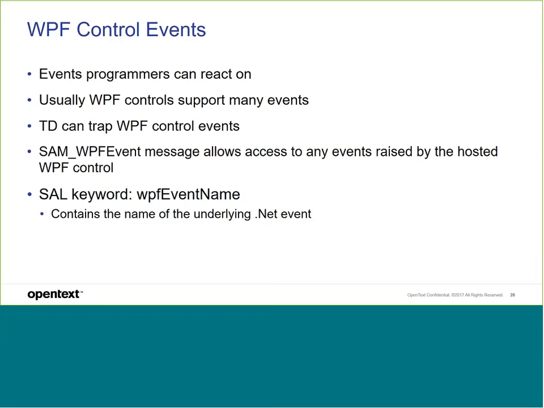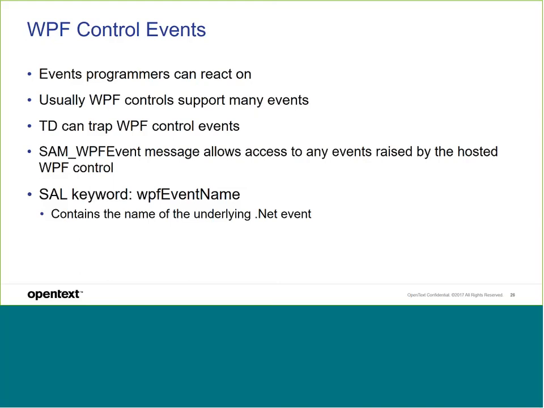So in most cases, WPF controls do support many events, and TD can trap WPF control events when they are being fired. And there's one WPF event message, which is sent for all the WPF events that a control raises.